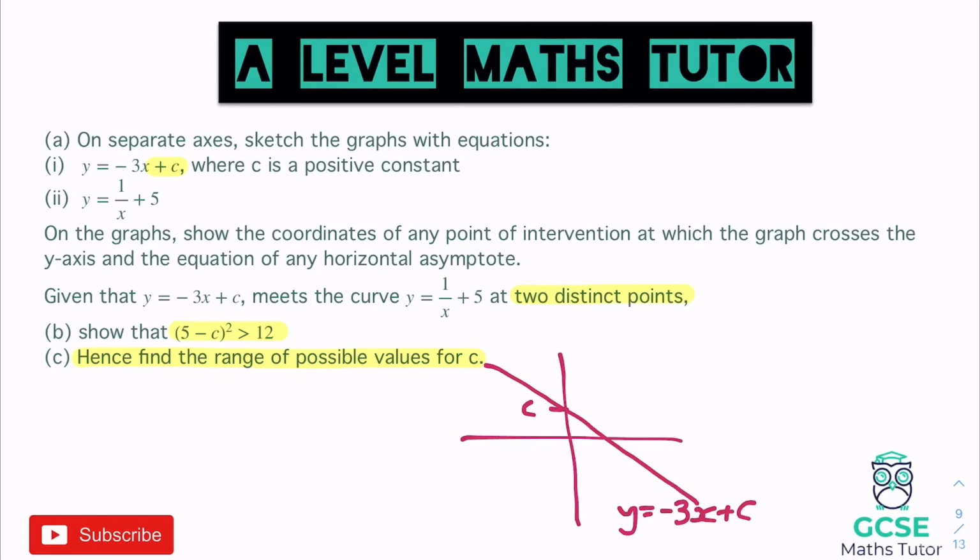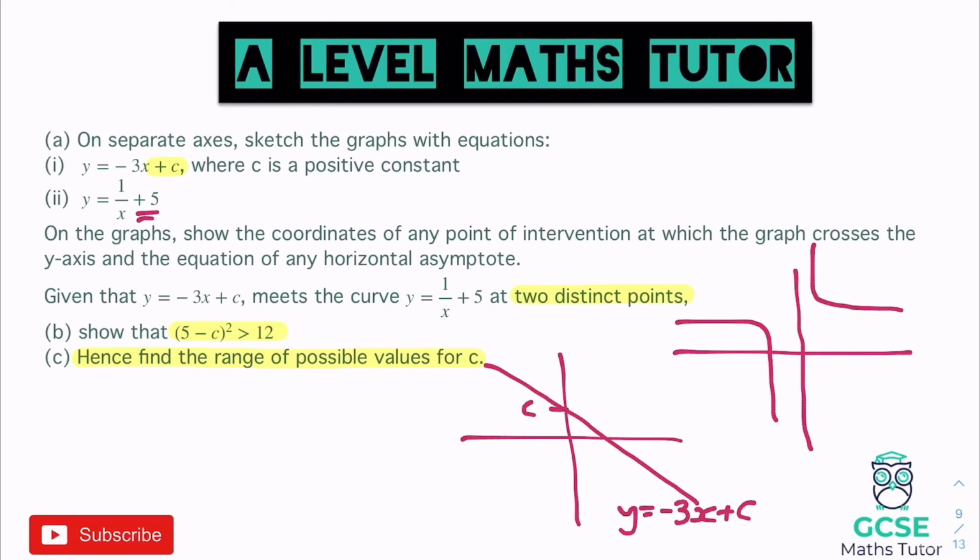For the second one there, we've got a reciprocal graph and it's got a plus 5 at the end. So it's going to be the same as all the other ones we've drawn, except it's going to move up by 5. Very similar to the last one that moved down by 5, but this time it's moving up. So it's going to go something like that and something like that. And there we go, and it's moved up 5.